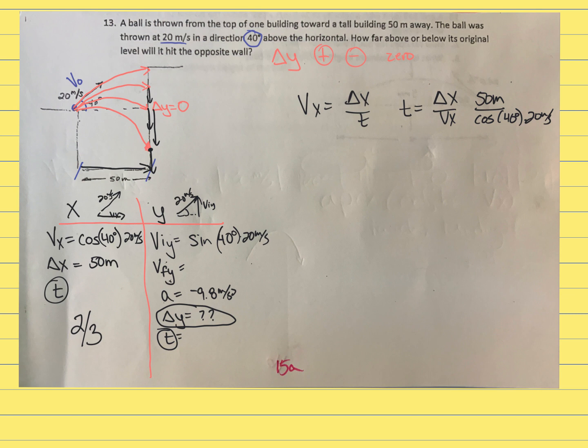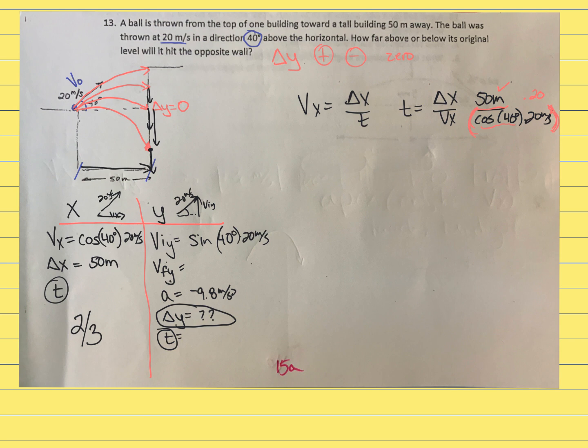What I did accidentally on my calculator screen, and I know you can't see this, is I forgot to put this in parentheses. Because if you do 50 divided by cos 40 times 20, it thinks the 20 is in the numerator, not in the denominator next to the cos 40. So by putting it in parentheses on your calculator, and I'm closing my parentheses now, there we go.